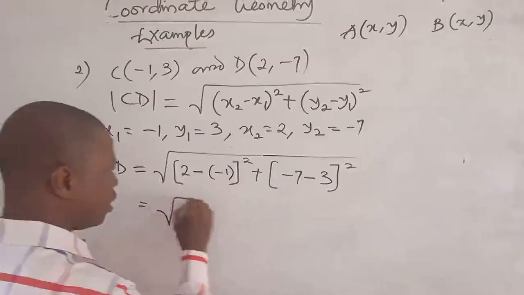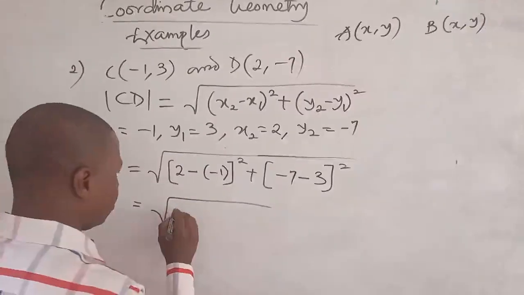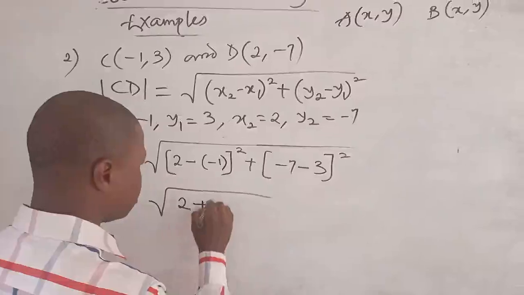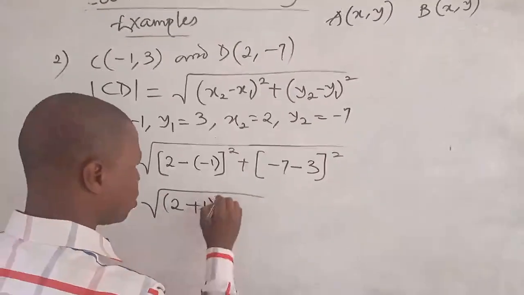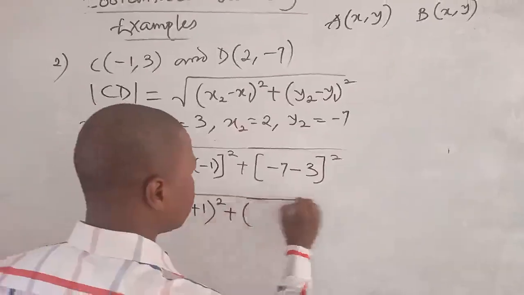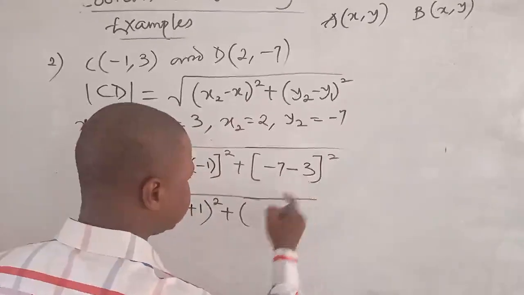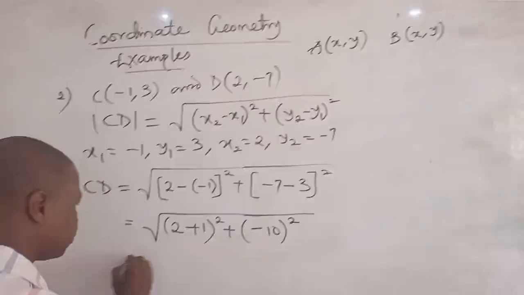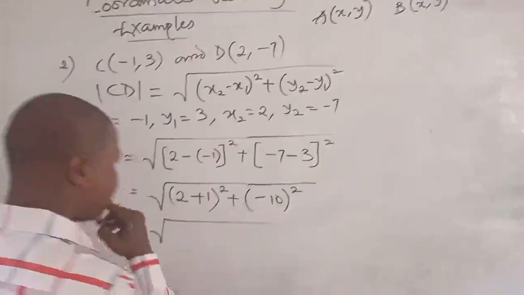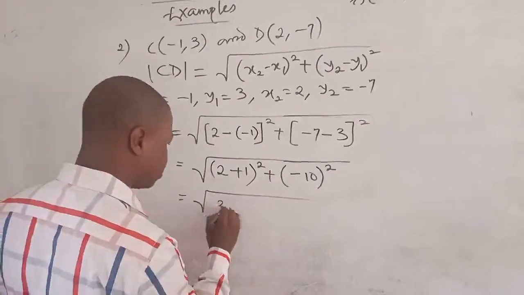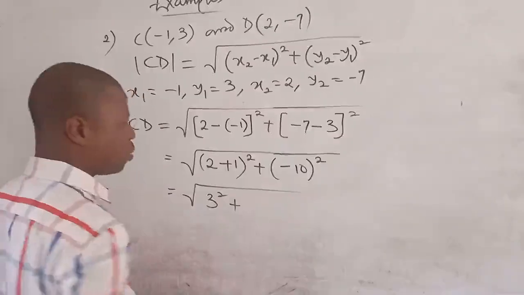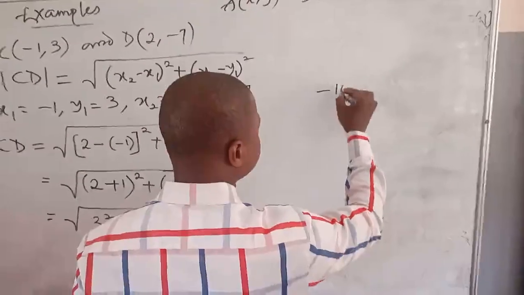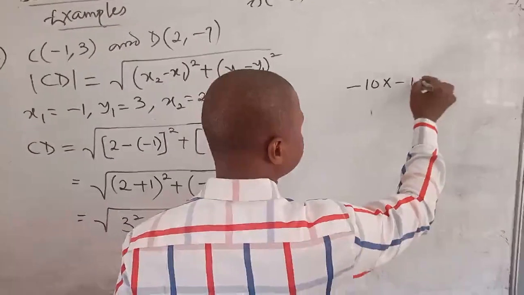So what do we have here? 2 minus times minus plus, that is plus 1 all squared, plus minus 7 minus 3, that is minus 10 all squared. So we have 2 plus 1, that is 3 squared, and we have minus 10 squared. Of course, minus 10 squared is just like minus 10 multiplied by minus 10.